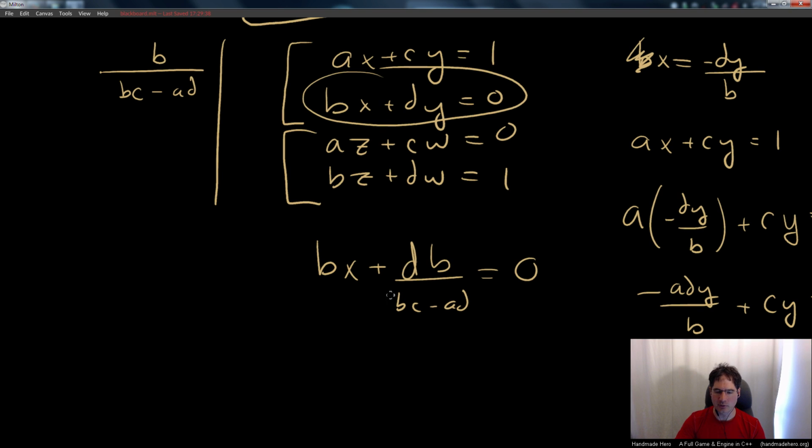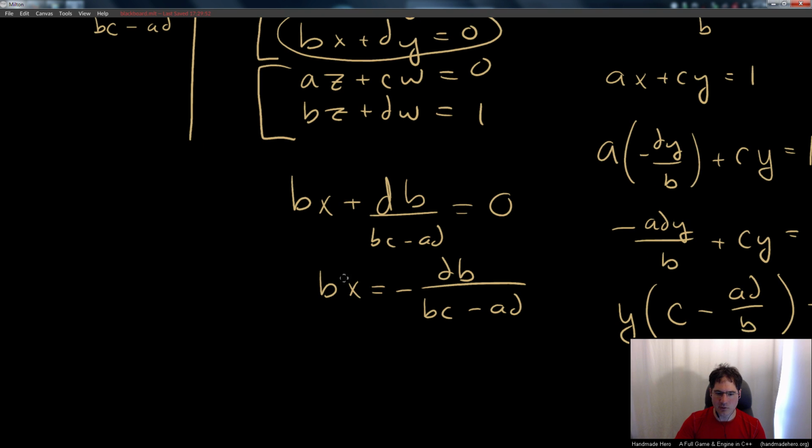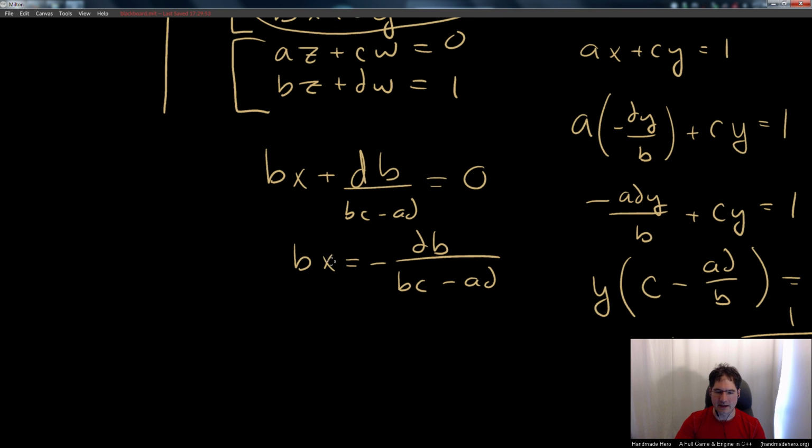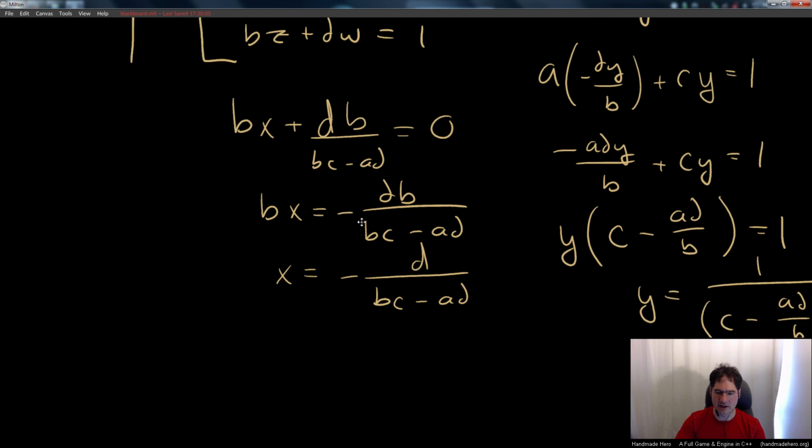So if you take a look at what happens there, we would have bx equals db over bc minus ad negated, right? I'm moving this to the other side. And then I would be dividing by b, right? So I'd have x equals negative, and you'll notice there's a b on top, and I'm dividing by b, so those go away, and I'd just be left with d over bc minus ad. So negative d over bc minus ad.